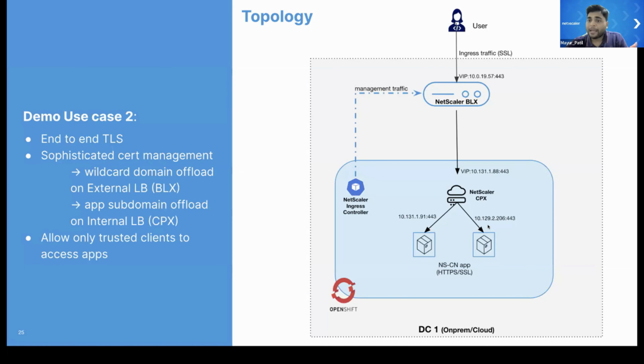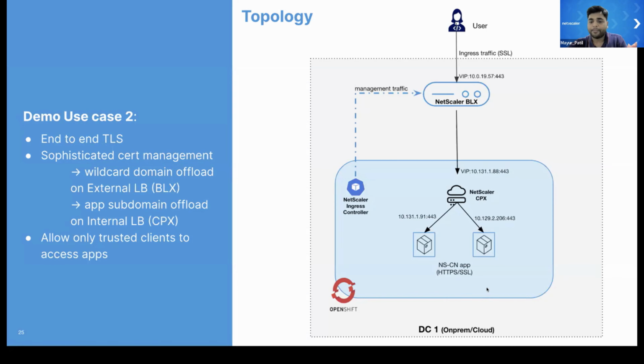However, multiple applications can reside in the same OpenShift cluster with a single Ingress proxy. In that case, you need a wildcard domain hosted on the external proxy. BLX will do the wildcard domain SSL re-encryption, and the CPX, which is inside the OpenShift cluster, will do the application domain specific SSL re-encryption.